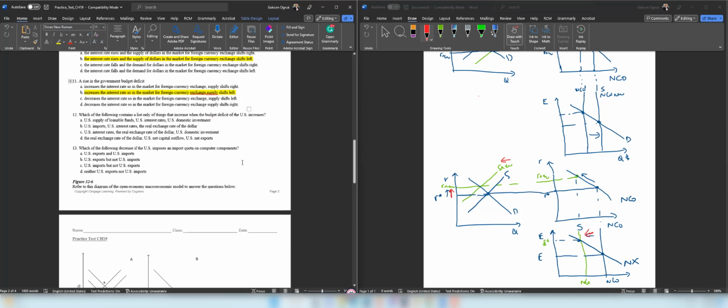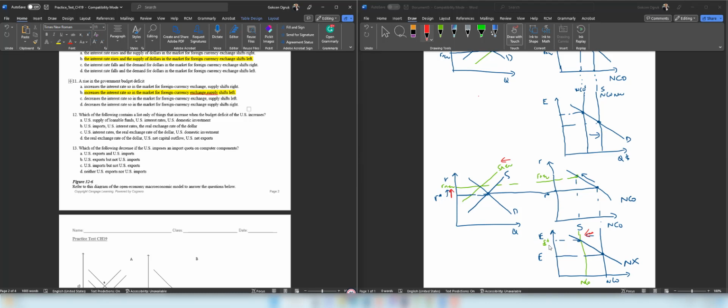Next one, which of the following contains a list only of things that increase when the budget deficit of the US increases? So when the US budget deficit increases, remember the supply curve shifts to the left, and therefore we know that the interest rate for sure increases. Interest rate increases and also the exchange rate appreciates.